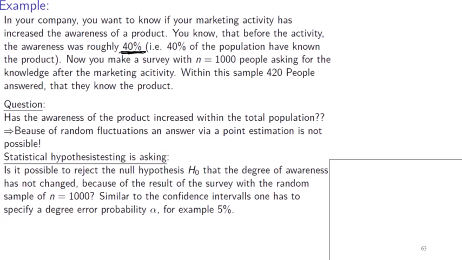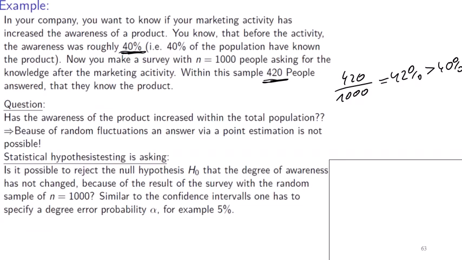After that, you ask 1,000 people, maybe out of all possible consumers in Wilhelmshaven, 80,000 people. After your marketing activity, you get the answer that 420 people say that they know your product. And of course, 420 divided by 1000 is 42%, which is larger than 40%.